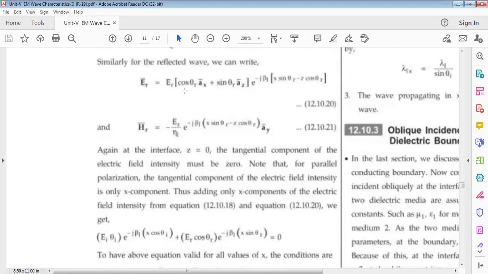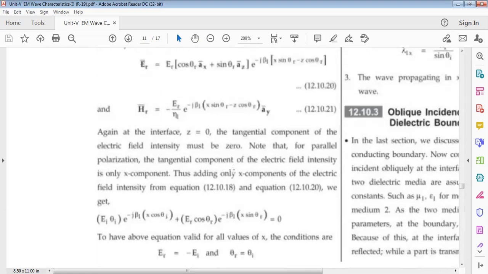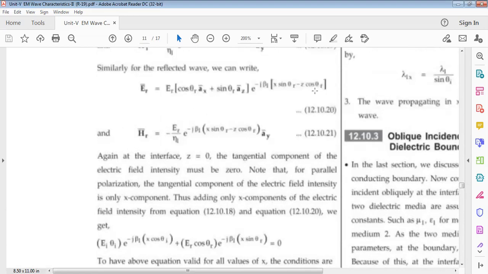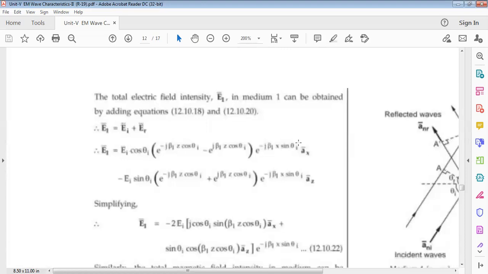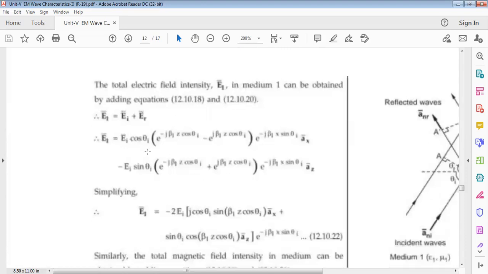So ER bar is equal to minus EI, and theta r is changed to theta. Then after you can add the terms, all in terms of EI and cos theta only.